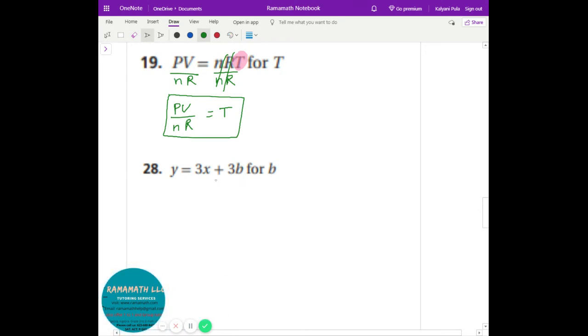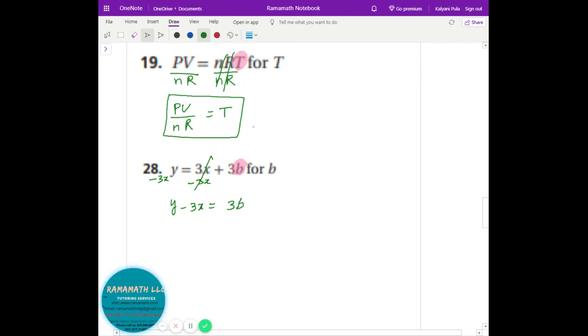First of all, you look for the variable. Where is the variable? Right here, right? You're going to keep that in the first. You're going to kick out that 3x. So positive 3x means the opposite is negative 3x. So cross out 3x. Just to make sure, so y minus 3x equals 3b, right?